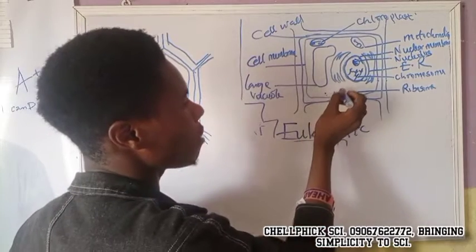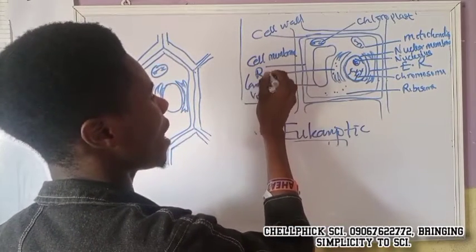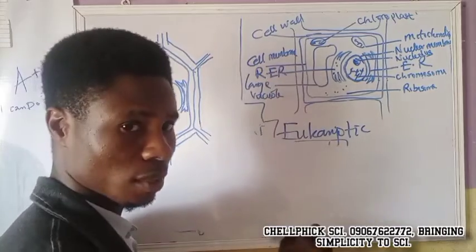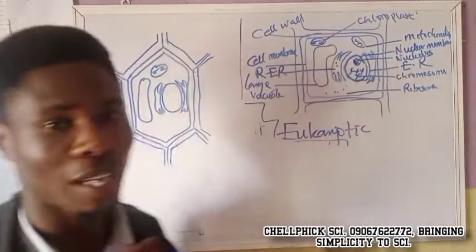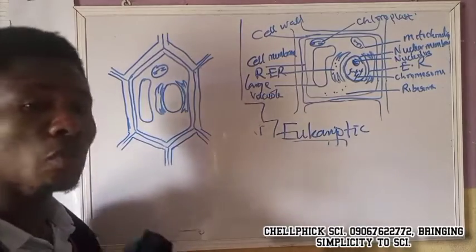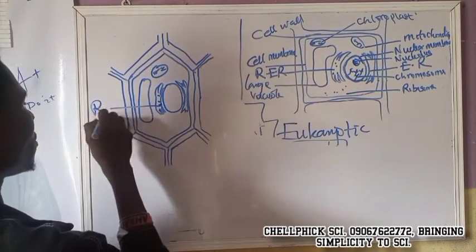But the moment the ribosome is attached to it, we call it rough endoplasmic reticulum. Smooth is when ribosome is not attached. So if I do this, it means it's a rough endoplasmic reticulum.